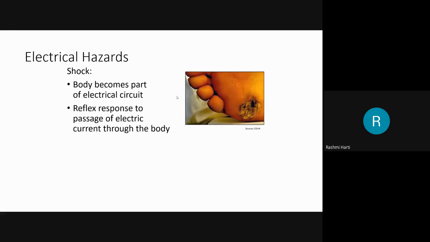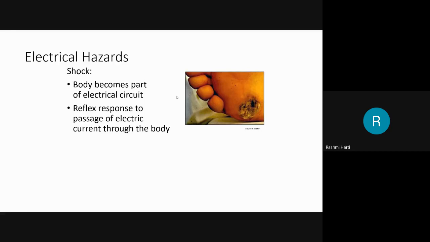Then you have the next electrical hazard, that is shocks. Shock results when the body becomes part of an electrical circuit, that is, current enters the body at one point and leaves at another. Whenever there is a shock, if you have touched live wires with the right hand, suddenly the electricity flows from the right hand through the body and leaves through the right leg.